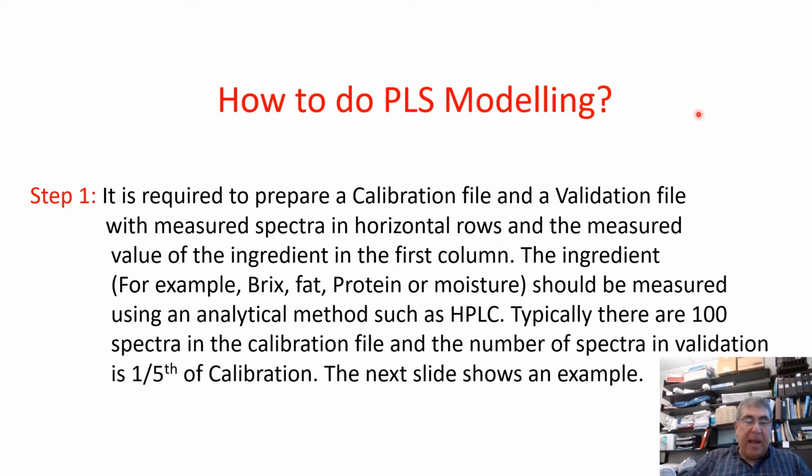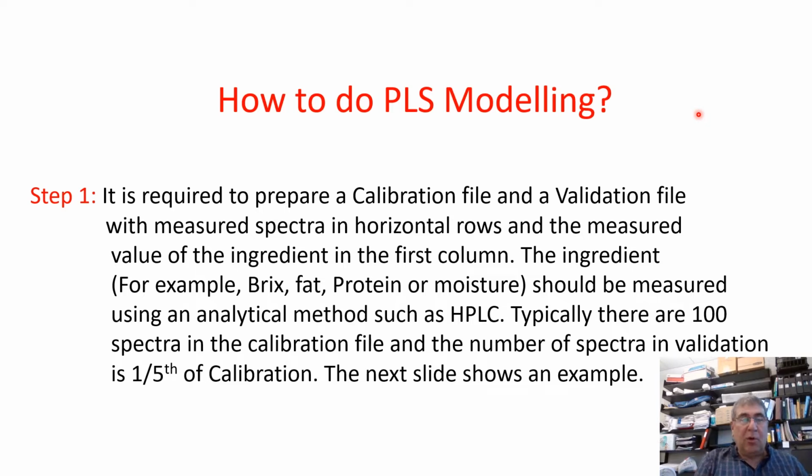So the first step would be to prepare a calibration file and a validation file with measured spectra in horizontal rows and the measured value of the ingredient in the first column. So you need to measure the spectrum from each of the samples, and you also need to find the value of the ingredient using an analytical technique.